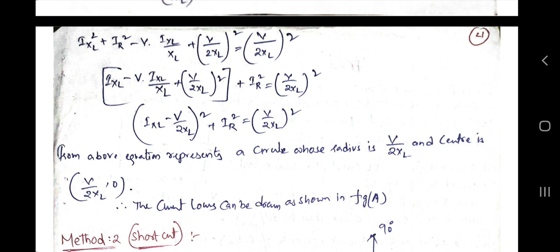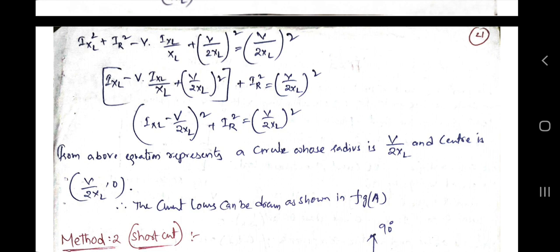From this relation, (IXL minus V by 2XL) whole square plus IR square is equal to (V by 2XL) whole square.